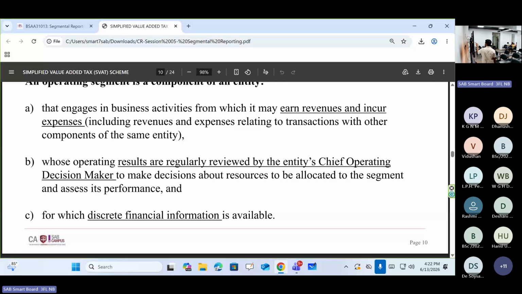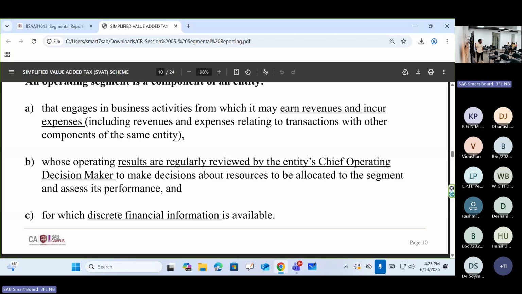These are the three features of an operating segment. That is also a critical area that can be tested in your exam. What is an operating segment? Not a reportable thing. As I said, they are earning revenue, income and expense separately. This is the criteria.